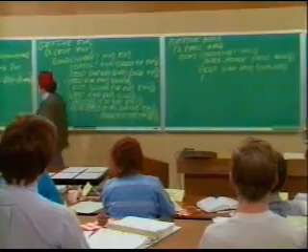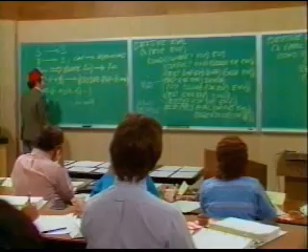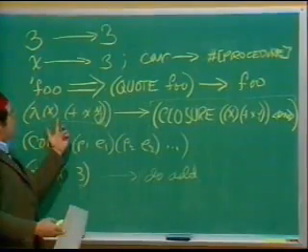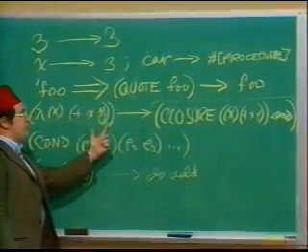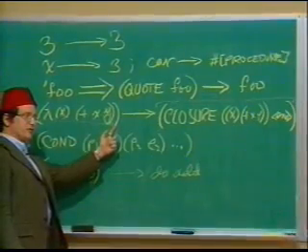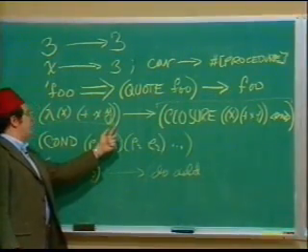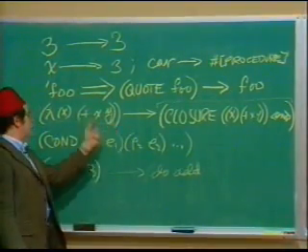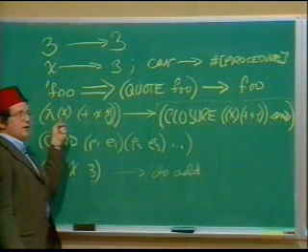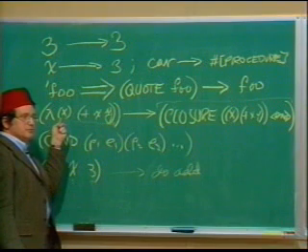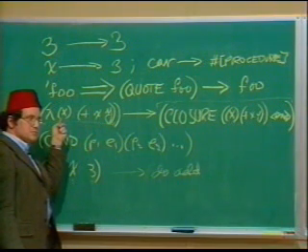The way I deal with this, the way I evaluate the application of a procedure to its arguments, is by evaluating the body of the procedure in the environment resulting from extending the environment of the procedure with the bindings of the formal parameters of the procedure to the arguments that were passed to it. Long sentence.